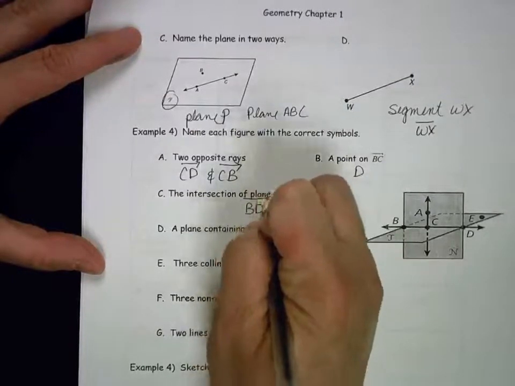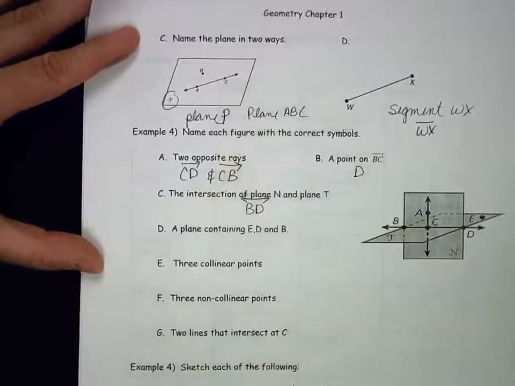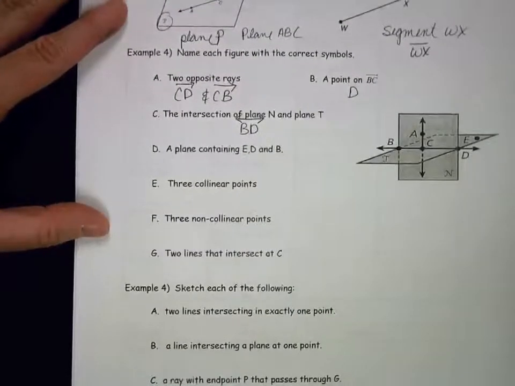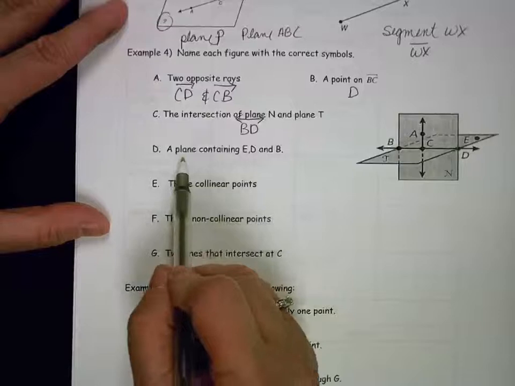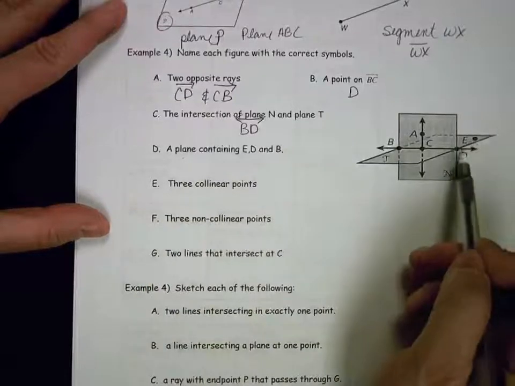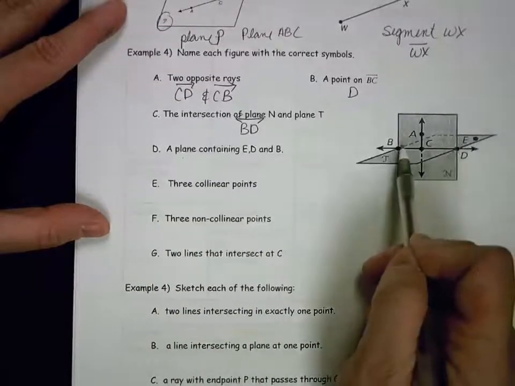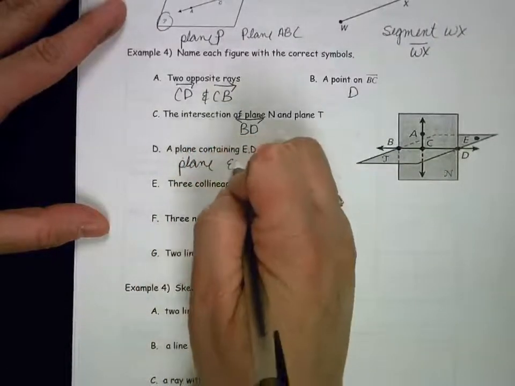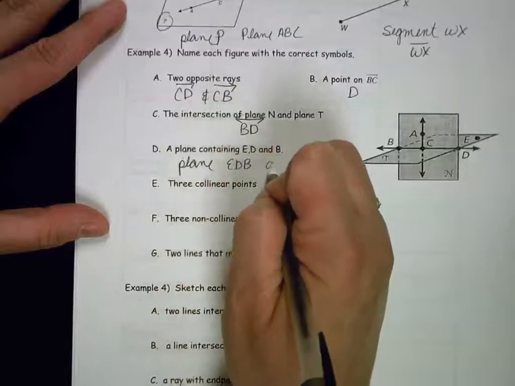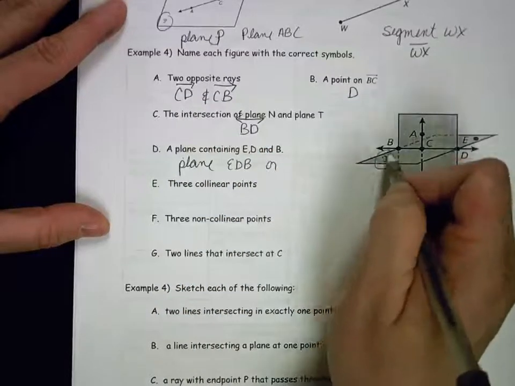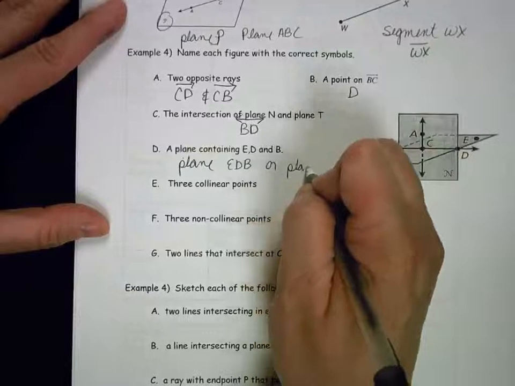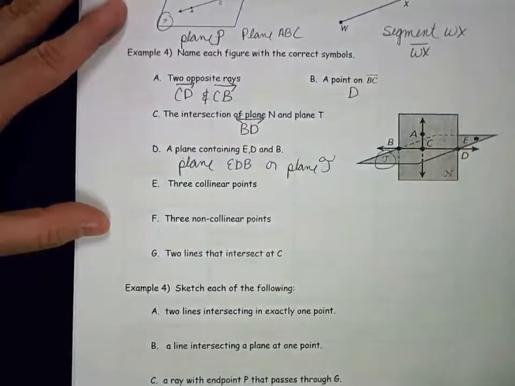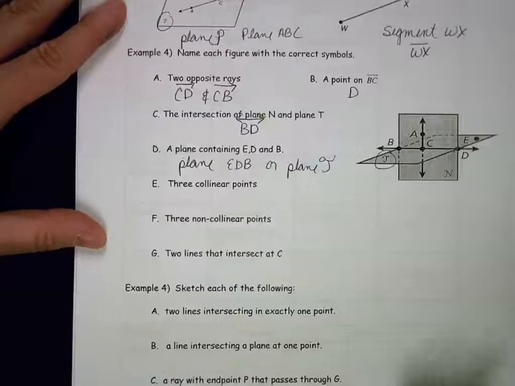And I'm going to call that the line BD. Letter D, a plane containing E, D, and B. You could name it using those three letters, plane EDB, or there is a cursive letter right there. You can name that plane T, and either of those would be just fine.